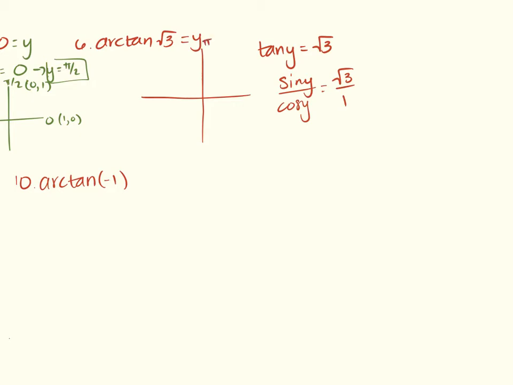Our tangent is between 90 and negative 90. Since sine and cosine are positive, I must be in quadrant 1. And then the angle that works here is when the reference angle is pi over 3 or 60. So y is going to be pi over 3.